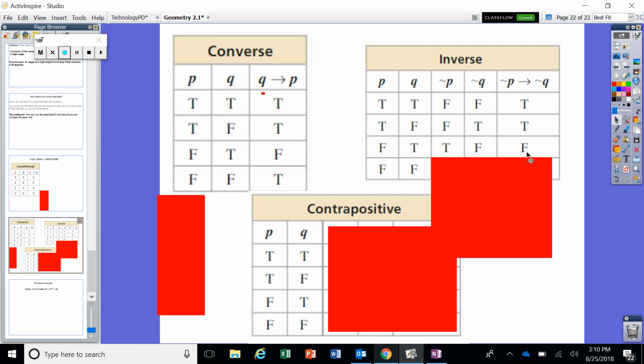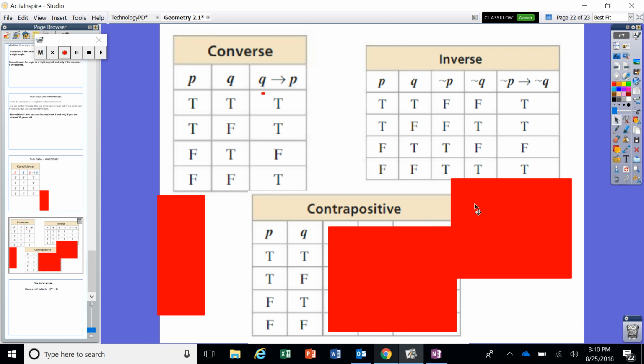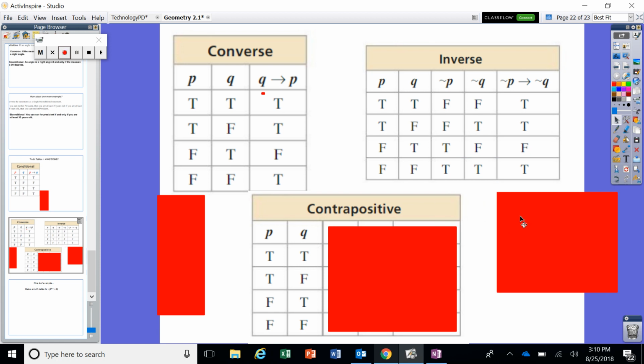Remember, if false comes second in the implication statement, it is going to be false. All right, and then we have not P and not Q for the last row. Not false is true. Not false is true. So true implies true is still a true statement.